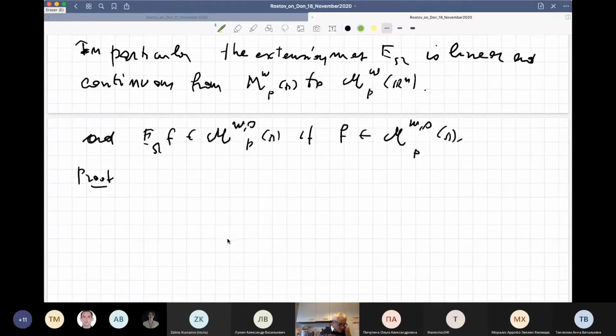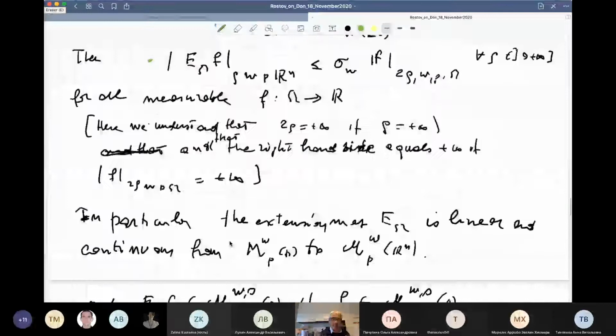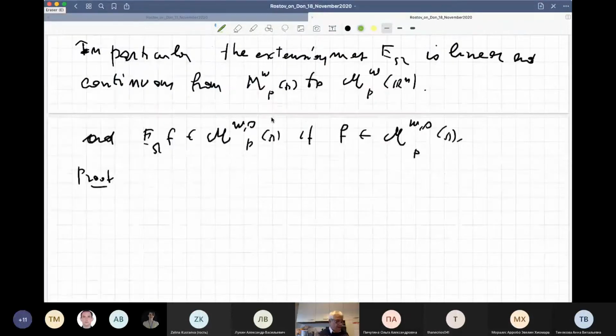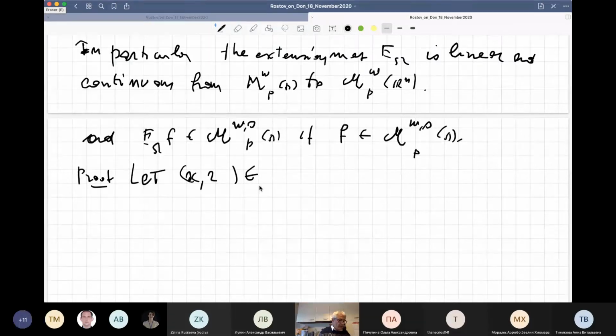So what is the domain here of E omega F? The domain of E omega F is the entire R^n. So the x here has to be taken in R^n. Let (x, r) belong to, okay, x we said has to be in R^n because the domain of the extended function is R^n.